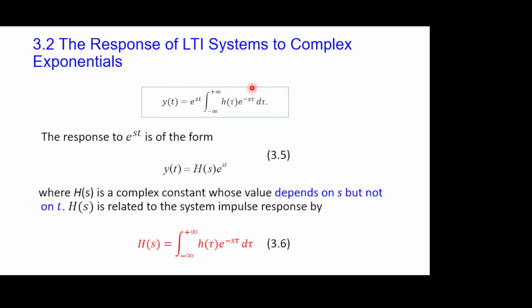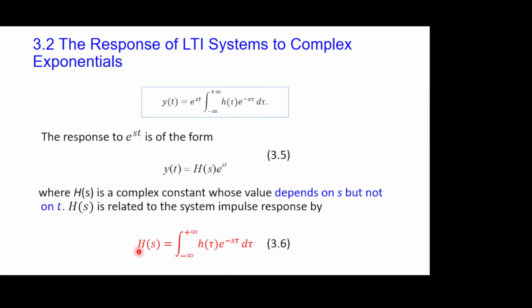And here we have seen how to express H of s in terms of small h of t. So big H of s is the integration over tau of h of tau e to the minus s tau d tau.